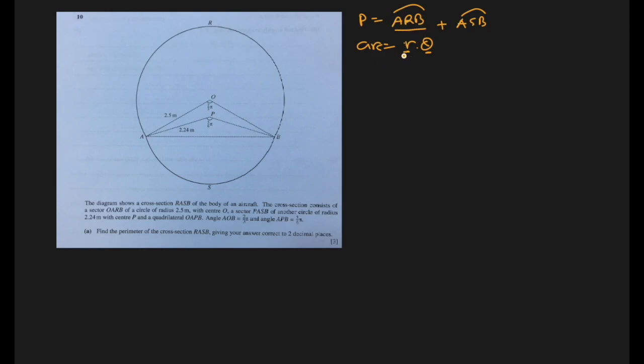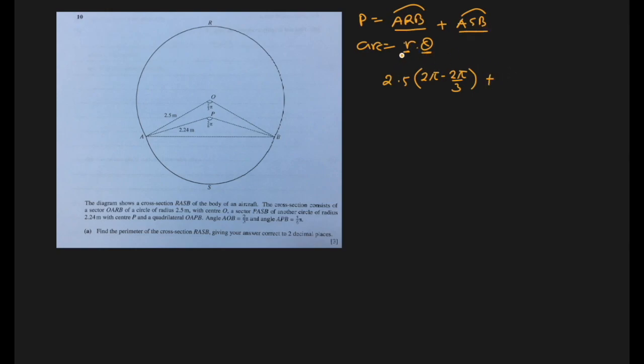For ARB, the radius is 2.5, so 2.5 multiplied by theta, but theta is on this side, whereas the arc is on the opposite side. So we need the angle on the opposite side, not this 2/3 pi. We subtract 2/3 pi from 2 pi, because the whole circle is 360 degrees, in radians 2 pi. So we write 2 pi minus 2 pi over 3, and that becomes our arc length.